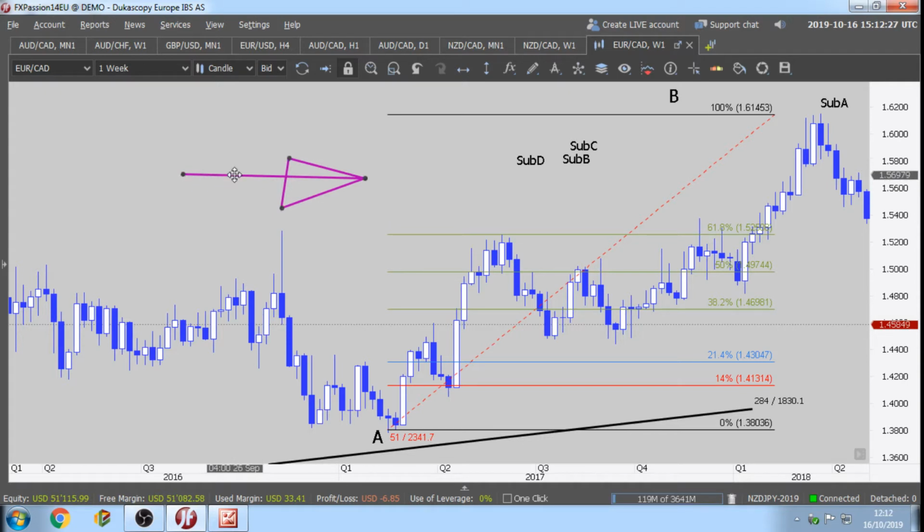Close to the B. Is B not the next possible high after the A? No, this is a sequence. This is the latest Fibonacci. Now, I'm talking, where is the sub A? If the A is the starting point of an uptrend, what is the sub A?